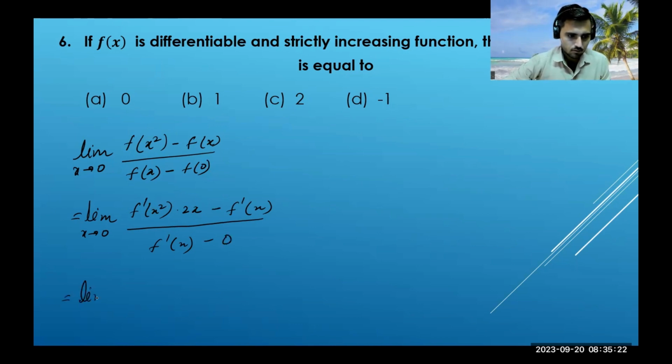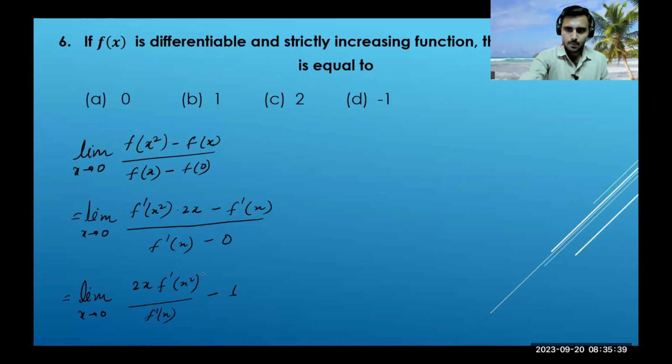Now limit x tends to 0, and we can write in this form: f dash of x square into 2x upon f dash of x, minus 1. So we take the LCM, and it will become minus 1, and this is the expression.